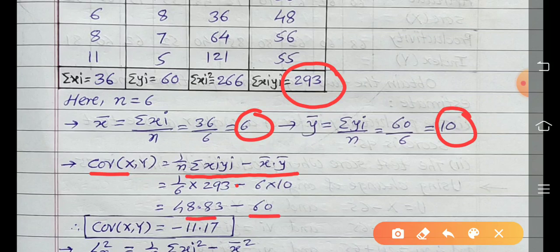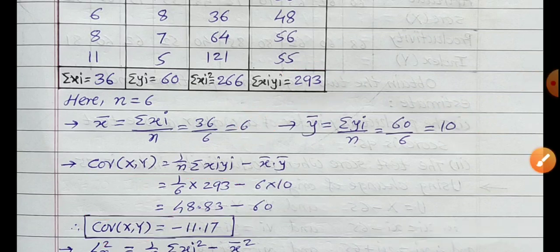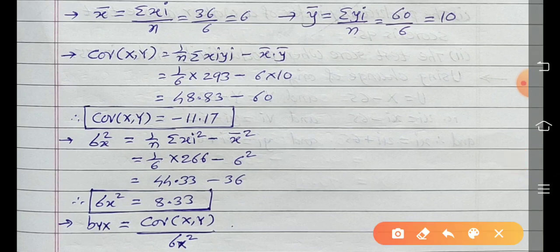So we are getting the answer in decimal form. Find the answer up to 3 decimal places. So 48.83. So do the subtraction. So we are getting covariance between xy equal to minus 11.17.